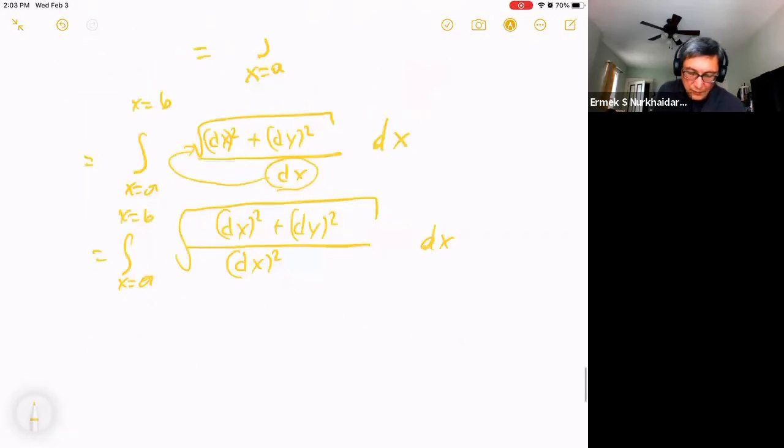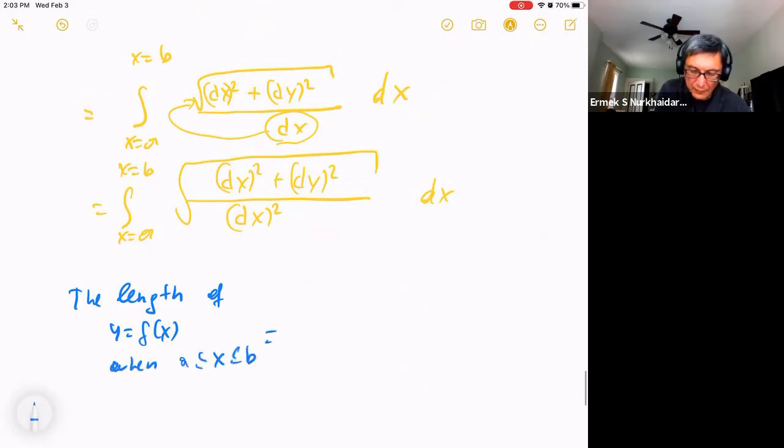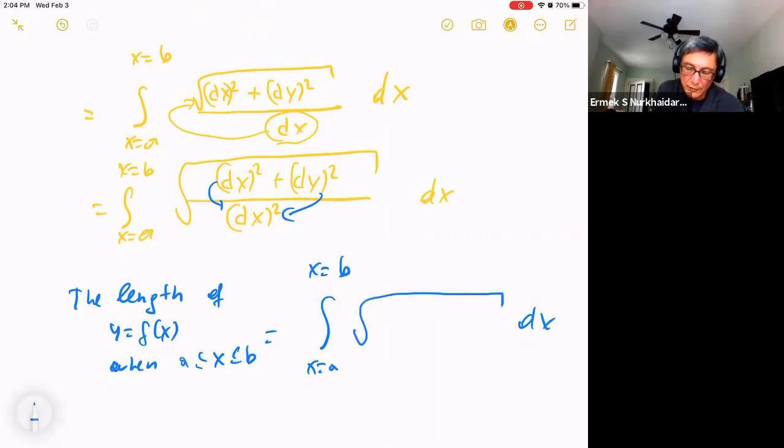And eventually we're going to get the length of the curve y equals f of x when x is between a and b equals the integral from x equals a to x equals b, dx. And here I will distribute the division. dx squared over dx squared is 1. dy squared over dx squared is dy over dx squared, where dy over dx is the derivative of y with respect to x. And that's the formula we are looking for.